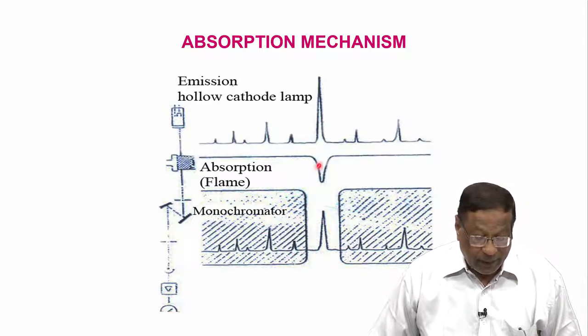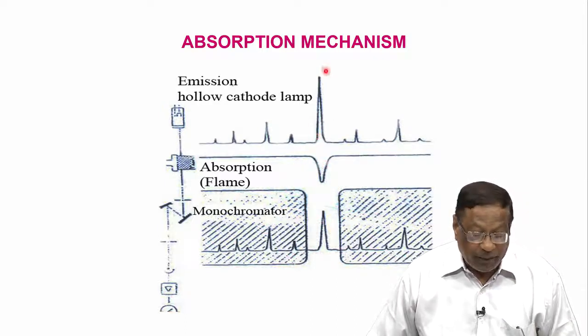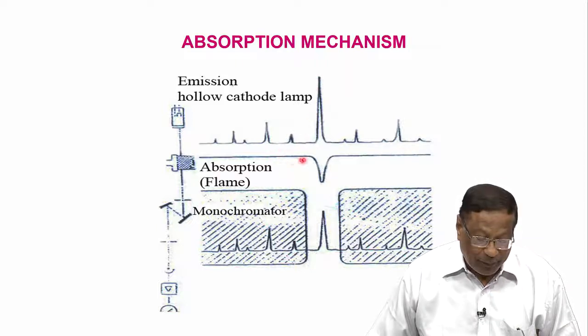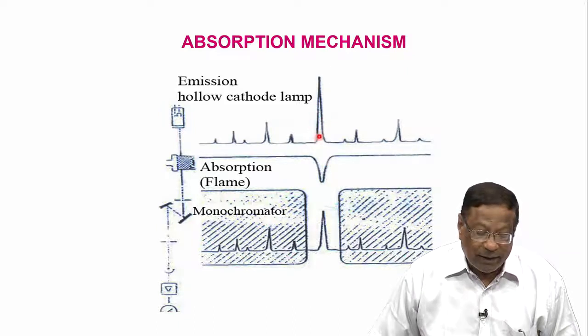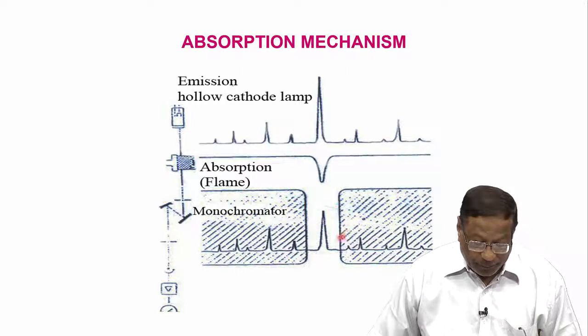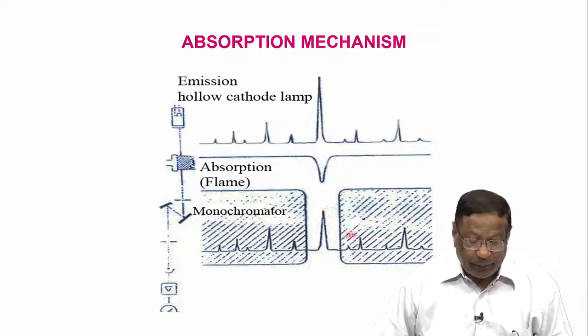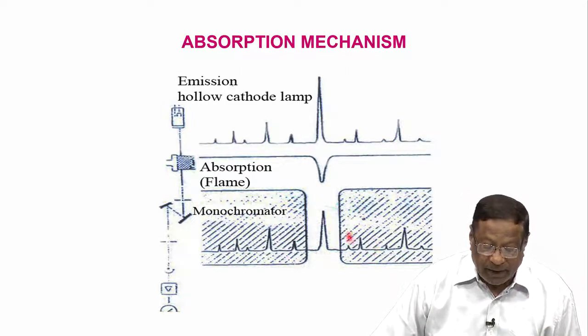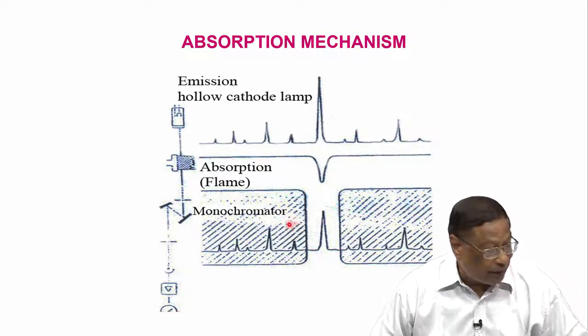what is the difference in the absorption after the sample is put. If I do not put the sample, I will get maximum intensity. The moment I put a sample, some amount of absorption takes place and the intensity of this resonance line decreases. So, this is how if I put a monochromator, these lines are separated, and on the right side these lines are also separated.